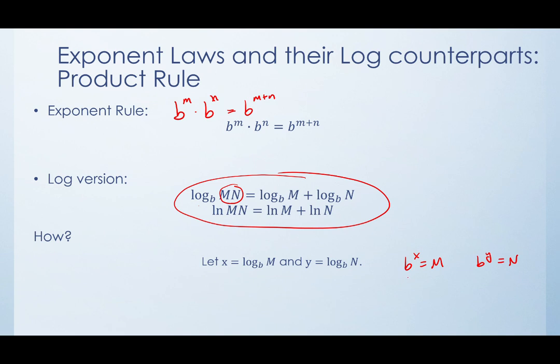And so m times n would be b to the x times b to the y. So far, so good, hopefully. And so, of course, we know that b to the x times b to the y is b to the x plus y. So that's mn.